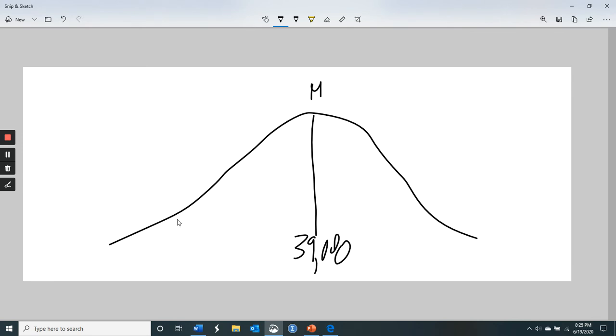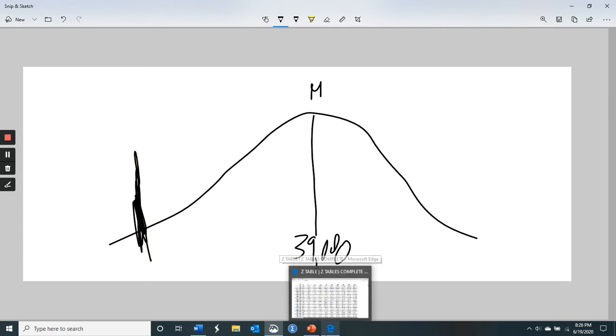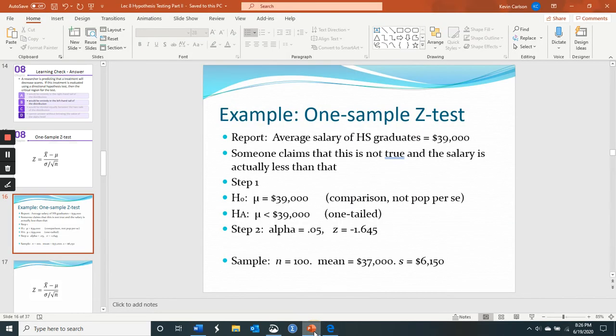The HA is that it's going to be less, and the less is going to be way over here. So we're going to say that it's going to be less than 39,000. And we know that we have to be way over here to say that it's actually less than 39,000. It has to be a lot less than 39,000 to say that there actually is a difference. It's just not some sort of random chance.